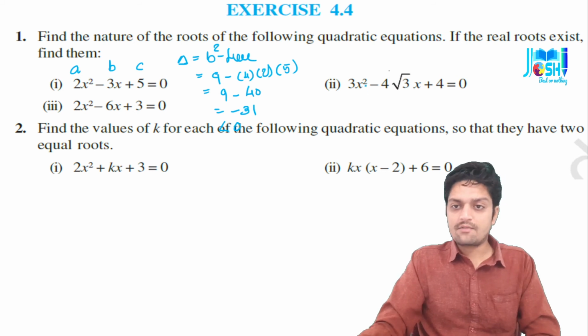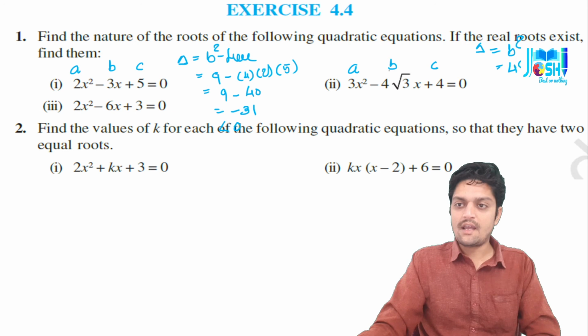Let us solve the second question. Here a, b, c. Then delta is again b square minus 4ac. b square is 4 square, 16, 16 threes are 48, because root 3 square is 3. Minus 4 into 3 into 4. So that is again 48 minus 48.